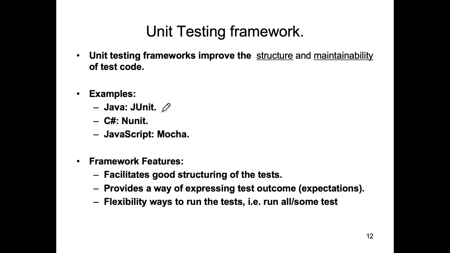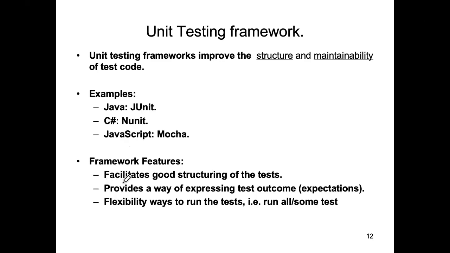So all of these unit testing frameworks have these kinds of features. I think the very first one that came about was JUnit, and really the other unit testing frameworks copied the JUnit approach. I think that's historically how it evolved. So they facilitate good structuring of your test code.